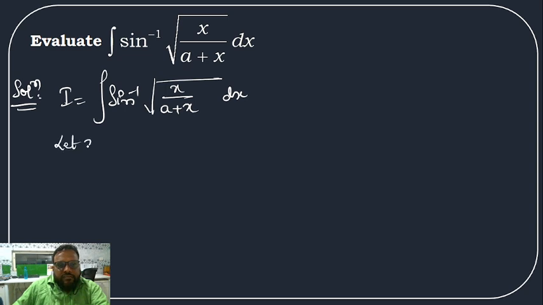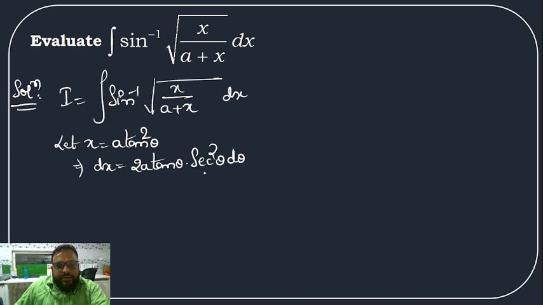Okay. So let x be equal to a tan square theta. So dx is equal to 2a tan theta into the internal derivative, secant square theta d theta. And from the same case, x is equal to a tan square theta, so from here tan theta will be under root of x by a.